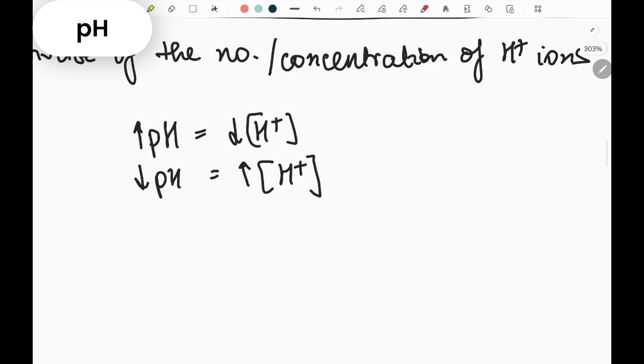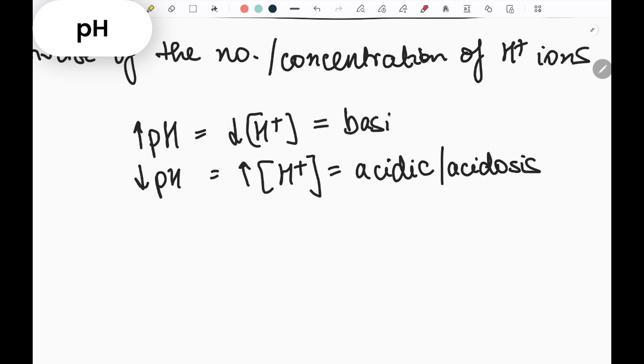So when we see that the pH is less than the expected, or there's too many protons or H plus ions in the blood, we call this acidic, or in the blood we call it acidosis. And when the pH in the blood is higher and therefore the proton ions is less, we call it basic or alkalotic.